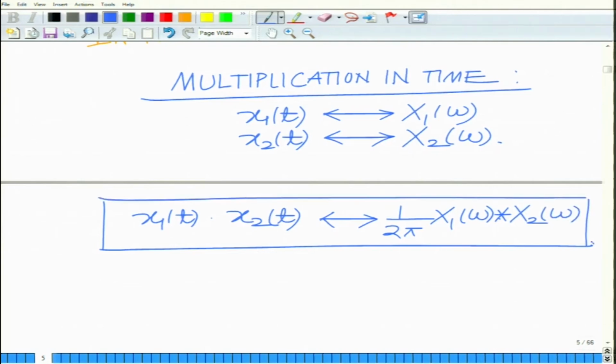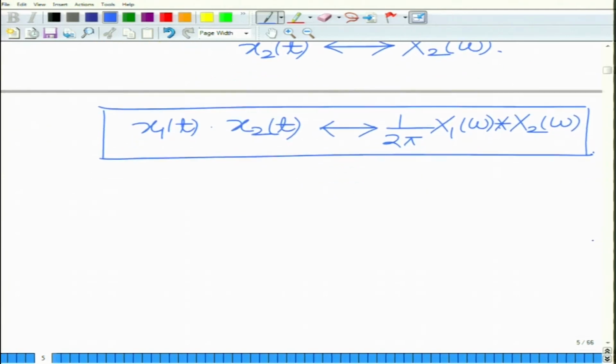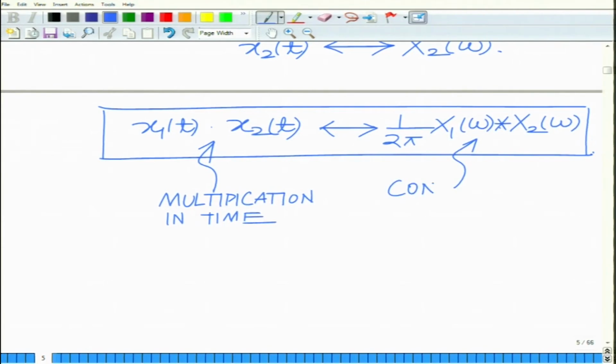So multiplication in time naturally leads to convolution in the frequency domain.